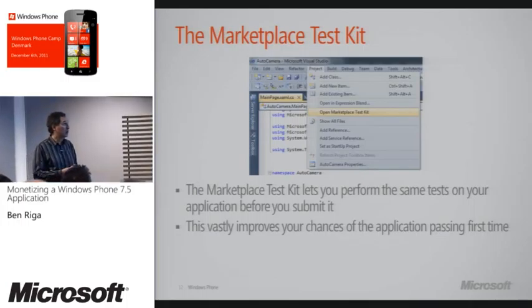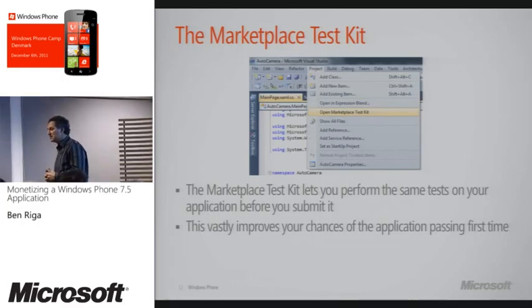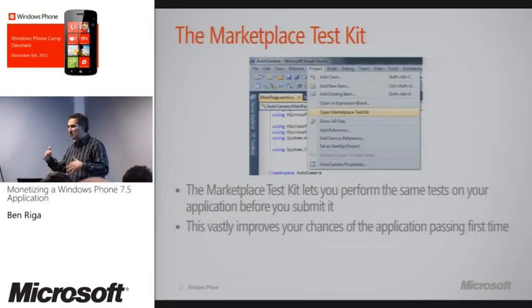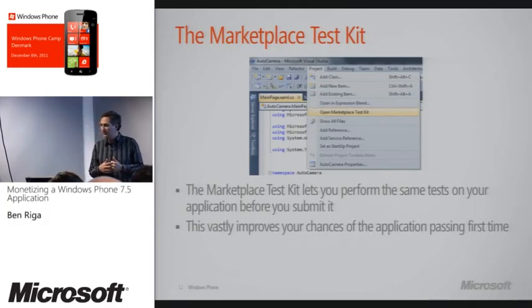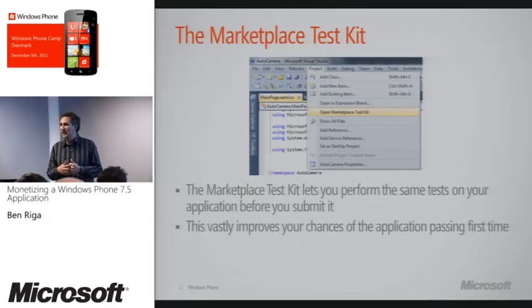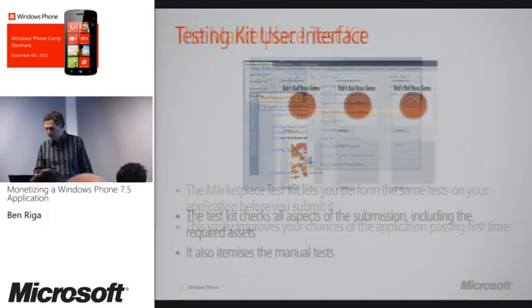You go into the project menu, open the Marketplace Test Kit, and enter the same information that you would enter in App Hub, and then it runs a test and gives you a quick answer, and hopefully gives you the ability to go through your first submission much faster without hitting some of the simpler issues.